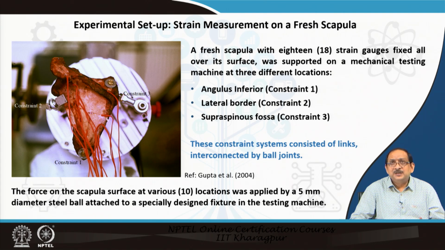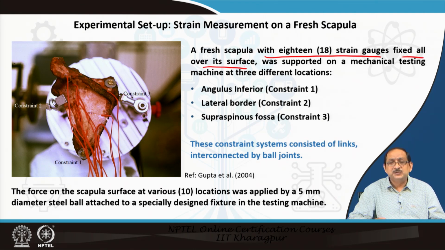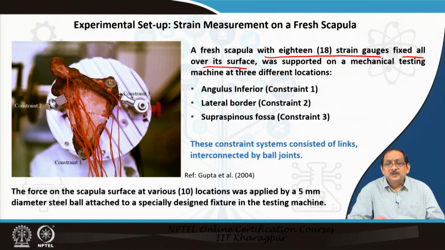Now, a fresh scapula with 18 strain gauges fixed all over its surface. So, the strain gauges were distributed all over its surface.